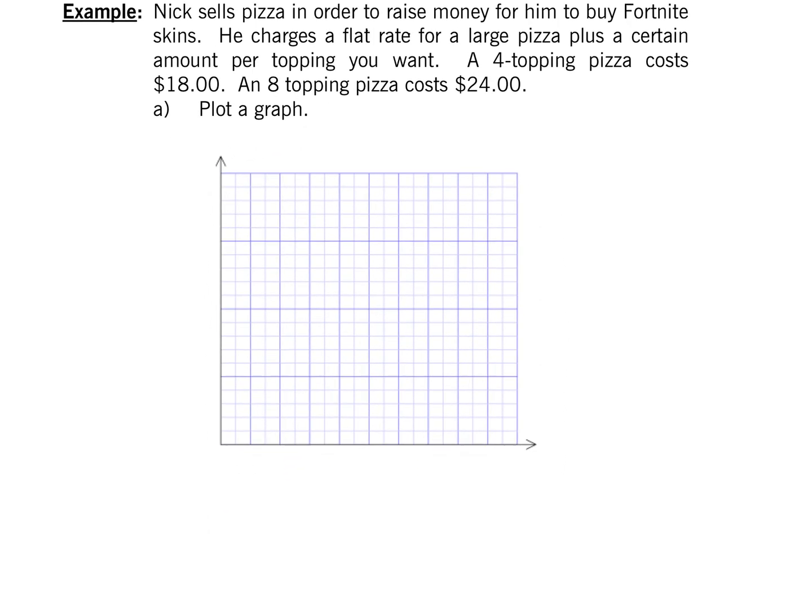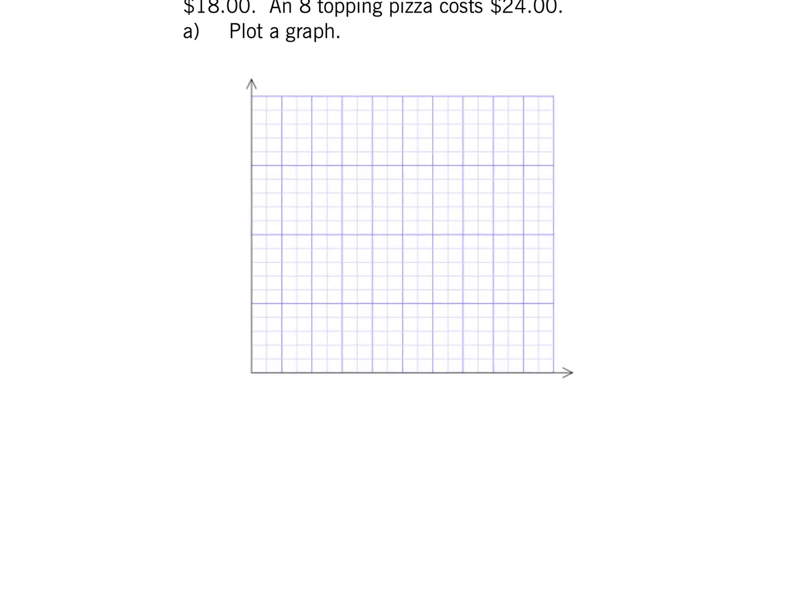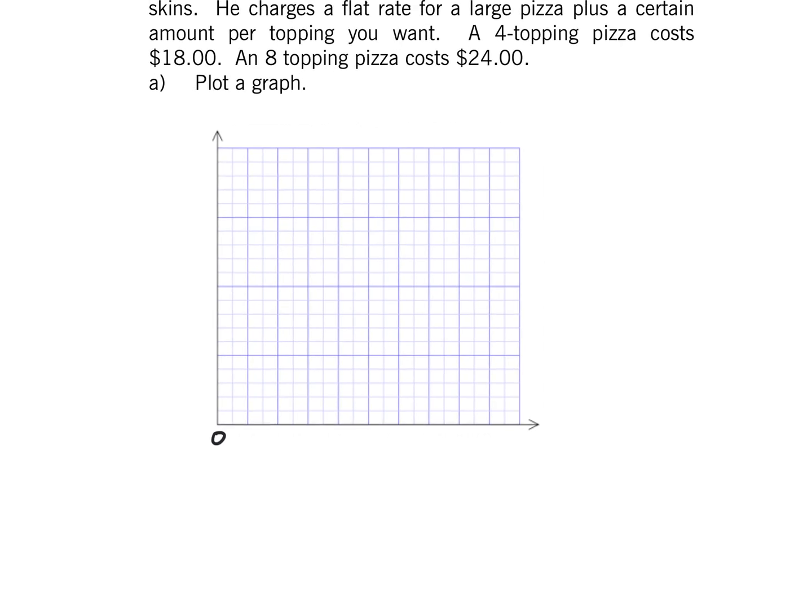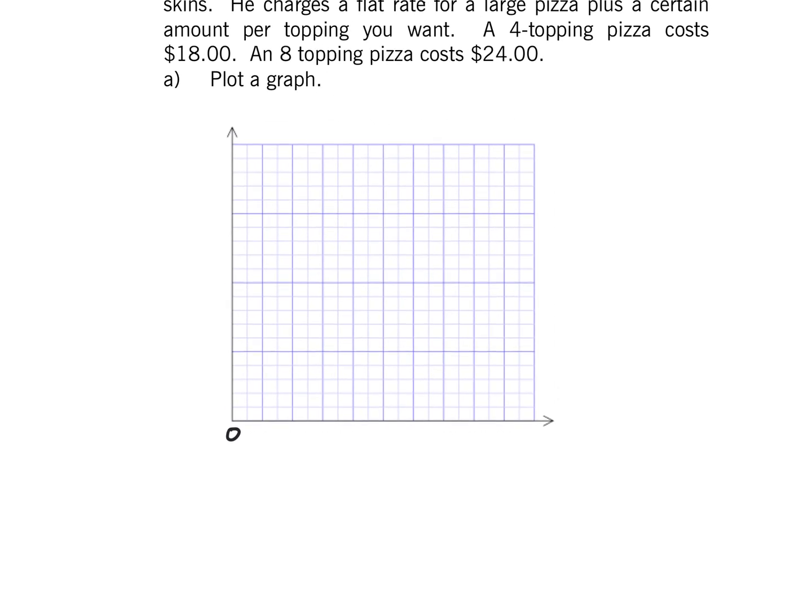So plot the graph. Okay, so we have to go up to at least 10 toppings. So 1, 2, 3, 4, 5, 6, 7, 8, 9, 10. Yep. So this is the number of toppings. The price goes up to 24.